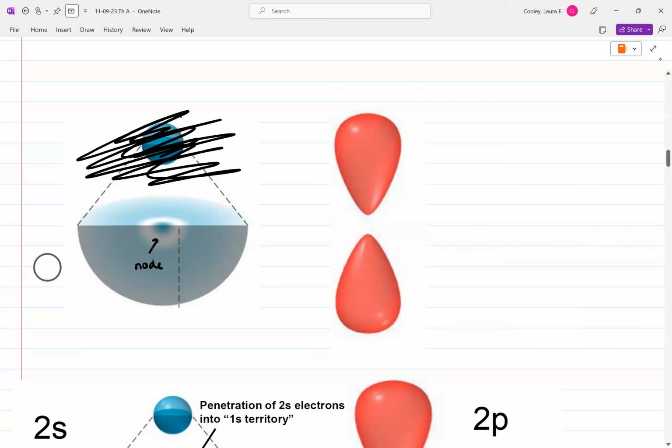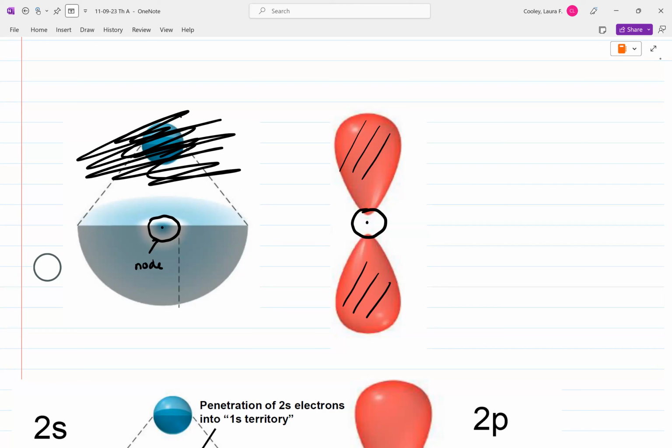Now if I take a 1s orbital, which is about this size, and I superimpose it here, and I superimpose the same 1s orbital over here, you have to ask yourself, for which of these orbitals is the 1s more often in between the bulk of where you would find that electron and the nucleus, which is right in the center.